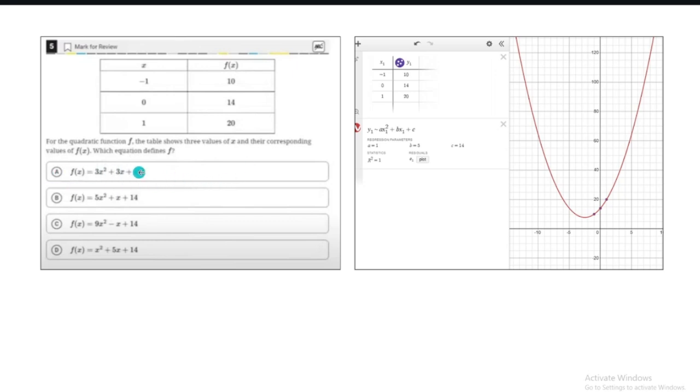If the left hand side equals the right hand side, then this point lies on this function. We will do that for each of the 3 points until we find the function on which all 3 points lie. But that's algebraic. Now we want to use Desmos. It's easier.